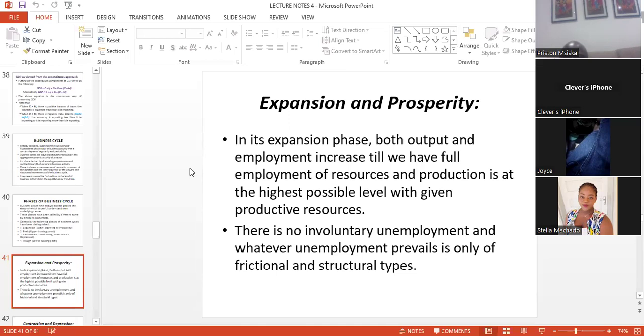Companies are recruiting like hell because they're expanding, there is prosperity, there is boom, and production is at the highest possible level.